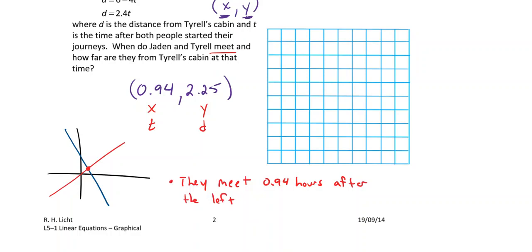Okay. And then the next one, how far, what did it say? How far are they from Tyrell's cabin at that time? They are 2.25, and then just remember what we're dealing with here, 2.25 kilometers, right?